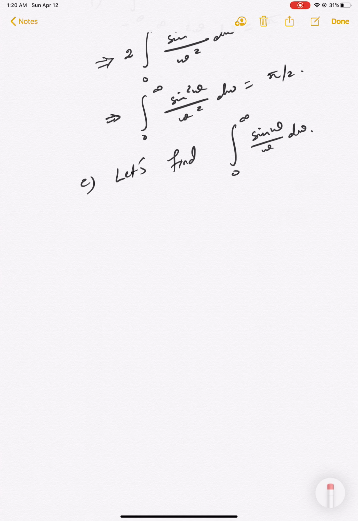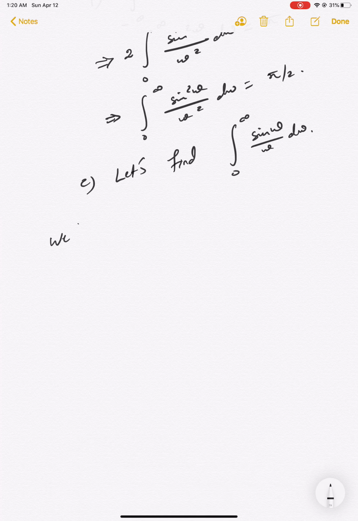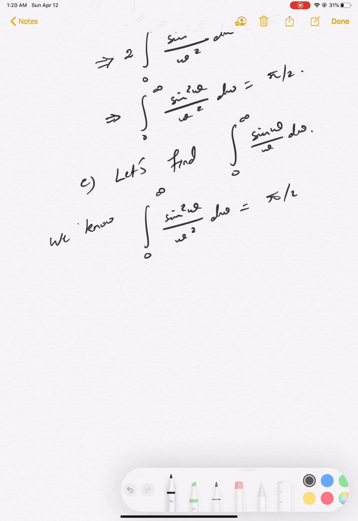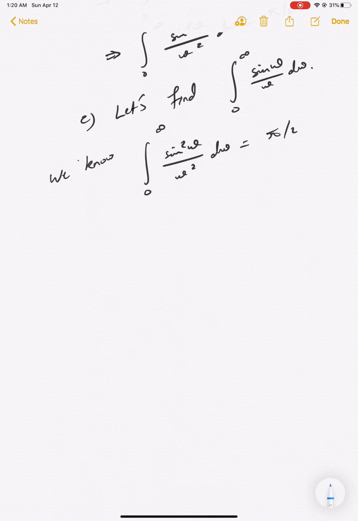Let's see. So again, this is one of the tricks that I like to show you in this course. We know that the integral from 0 to infinity of sine square omega over omega square is equal to pi over 2. We already know it. Okay. Let's look at the left integral. And please remember, we can't do this integral, for the level of this course, without the Fourier transform.